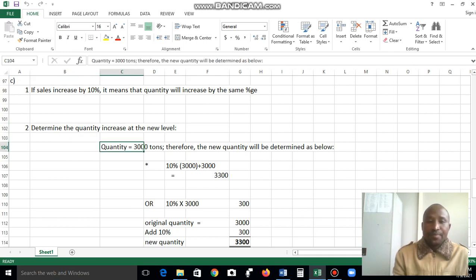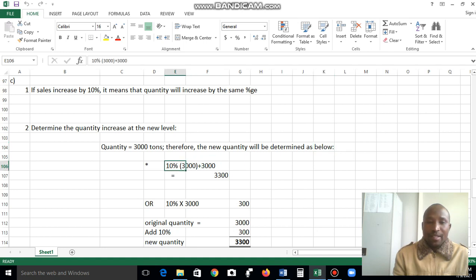So quantity, we had 3,000 tons. Therefore, the new quantity will be determined as below. Because when sales increase by 10%, the quantity is also increased by 10%.